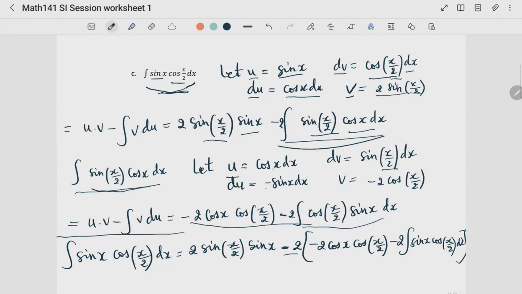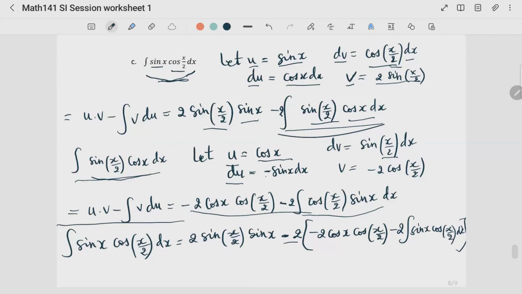and our u then will be the cos function. Meaning that our du will be, oh, sorry, this should not be there. Our du would be then negative sine x dx, and our v would be negative 2 cos x over 2.